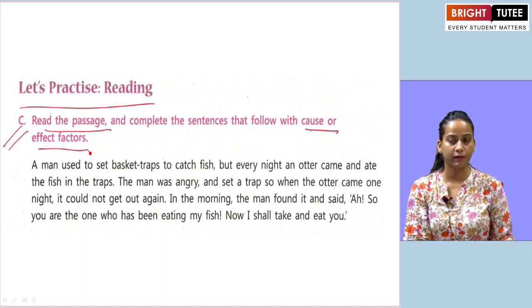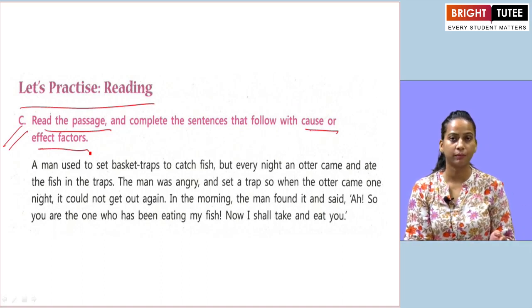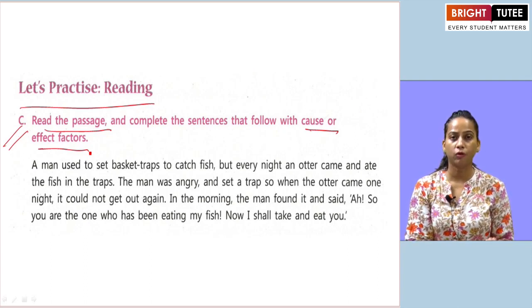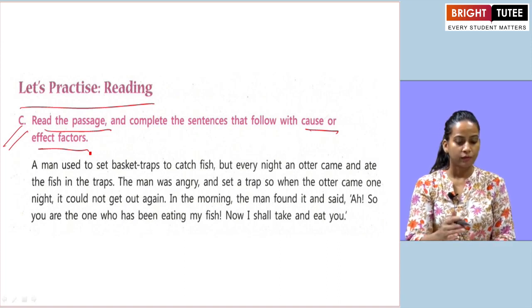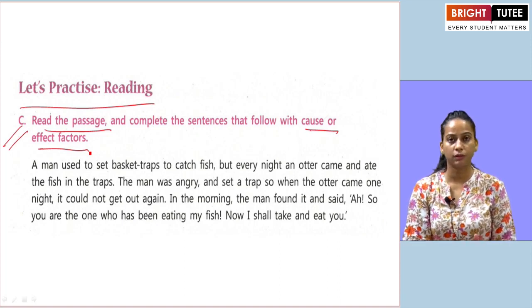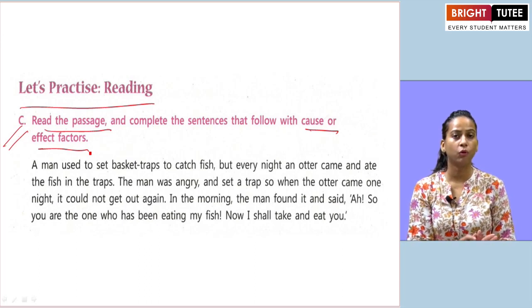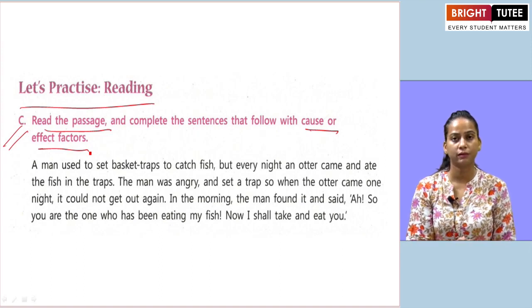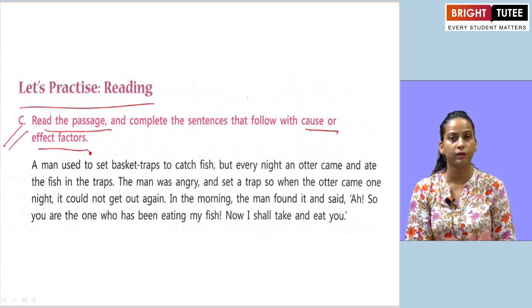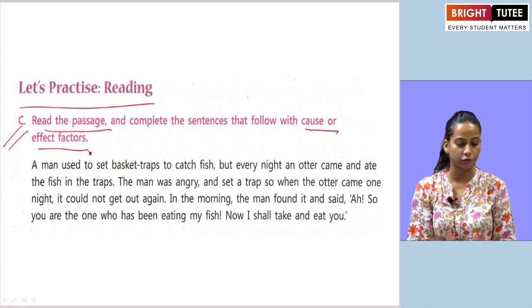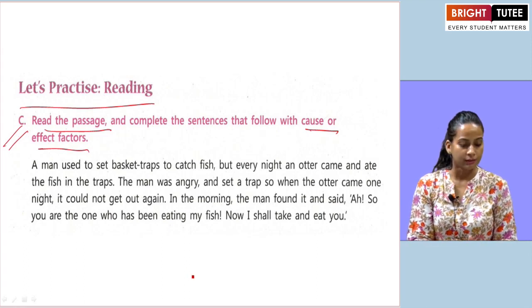In the examples we have seen, sometimes the result or outcome is given and you have to mention the cause, or if the cause is given, we have to talk about the effect of that. Clear? So, we'll continue with the reading of this passage, and hopefully you have already read the questions before starting the reading. That is on your part, you have to do it every time you do reading comprehension. So, let's start with that.